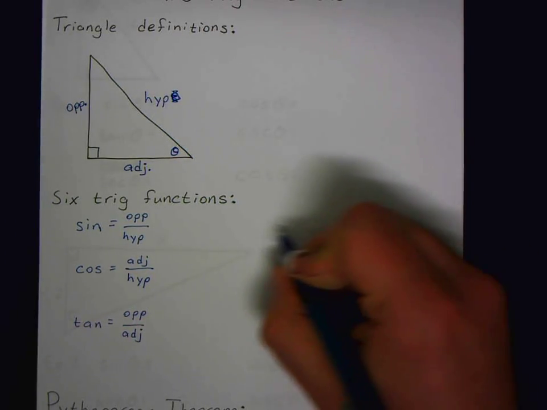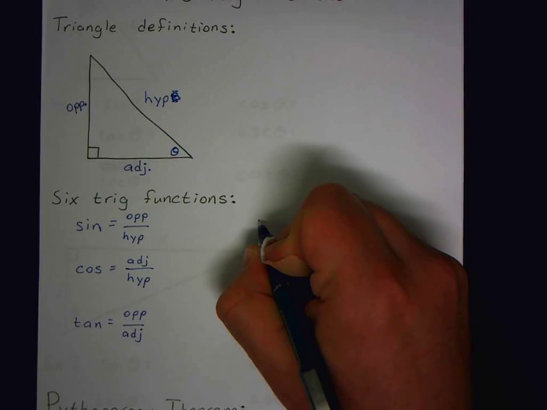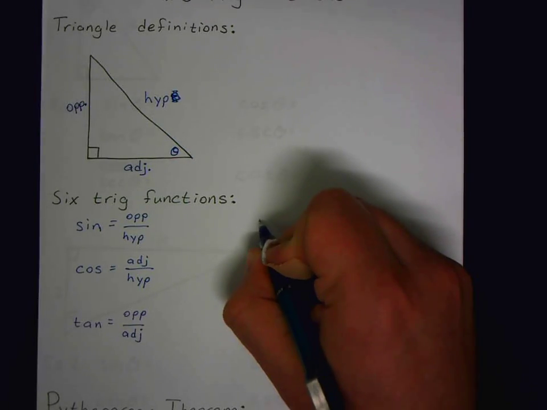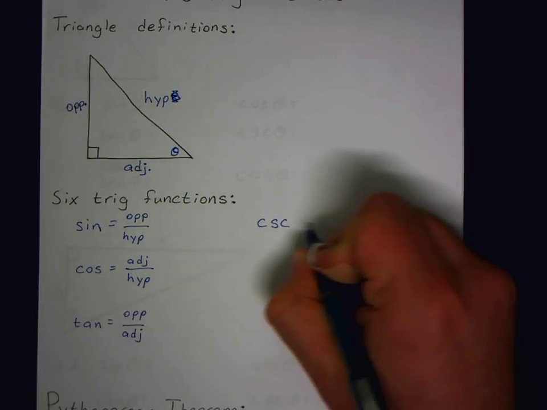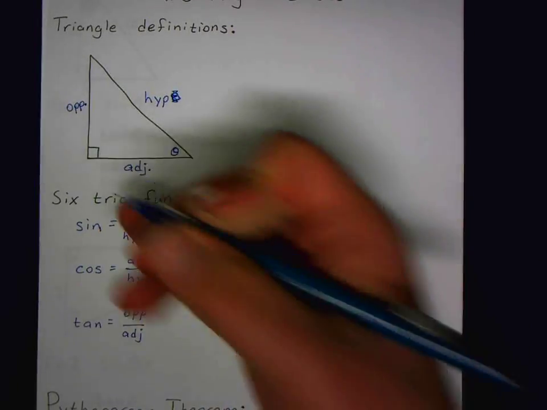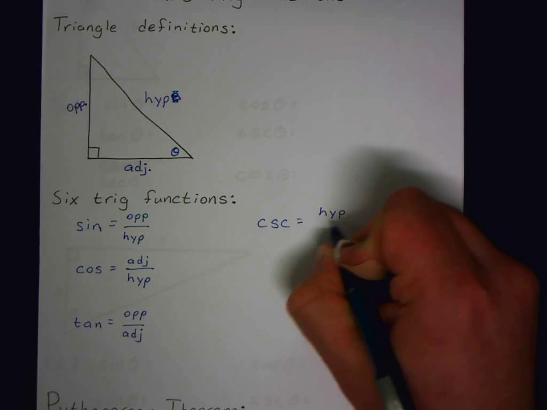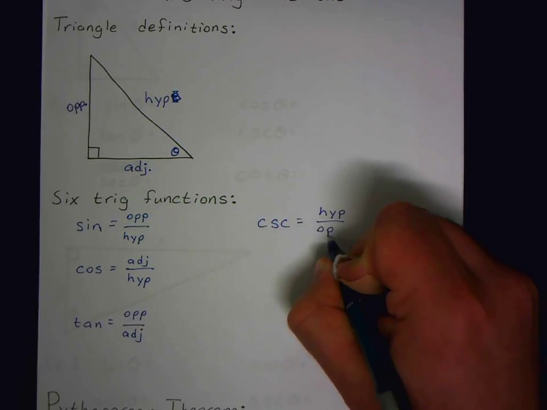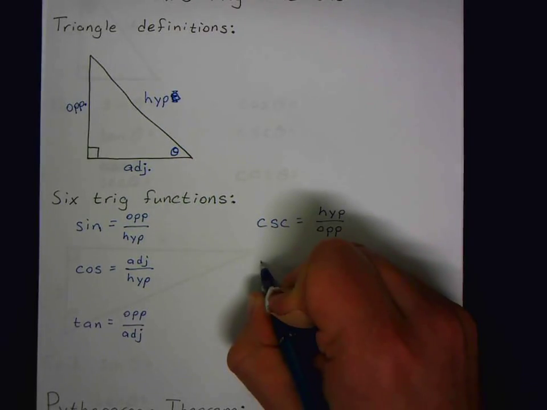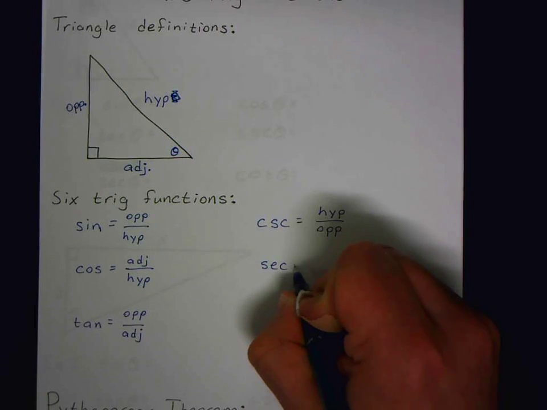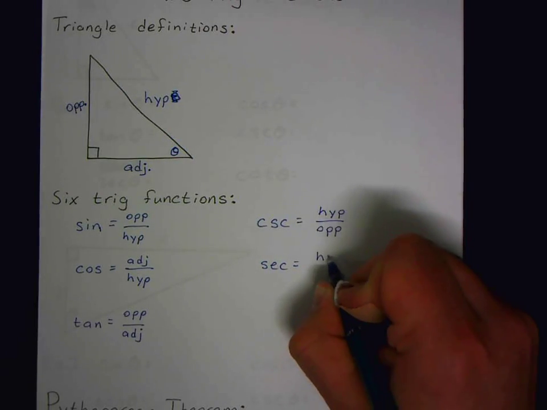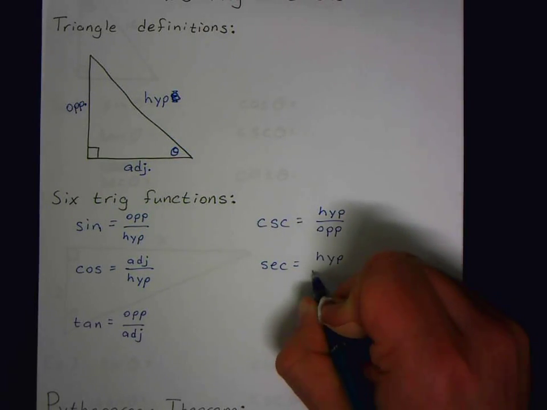Okay, the 3 new ones. Cosecant, secant, and cotangent are the reciprocals of these. Cosecant is hypotenuse over opposite. Secant is hypotenuse over adjacent.